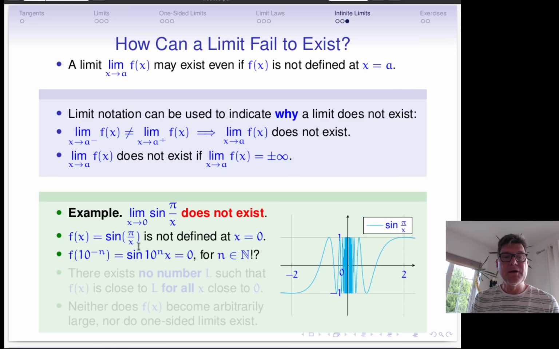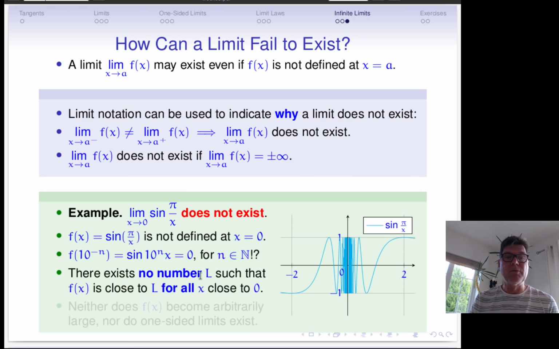So here we find closer and closer to 0 values of f of x that are 0. Still, 0 is not the limit, because the sine keeps oscillating between minus 1 and plus 1.